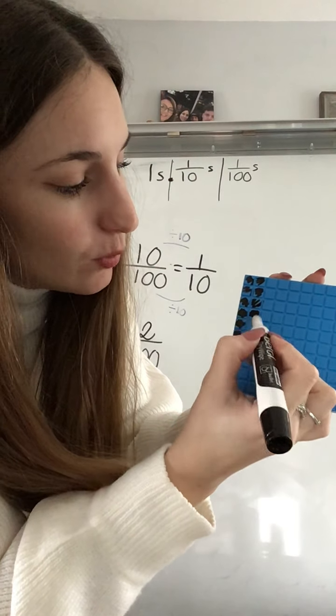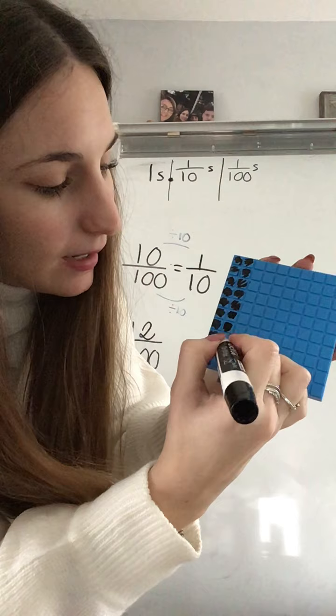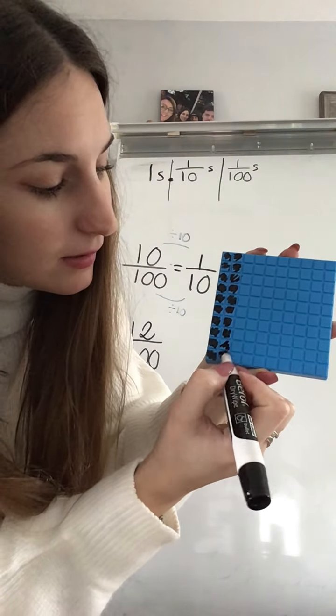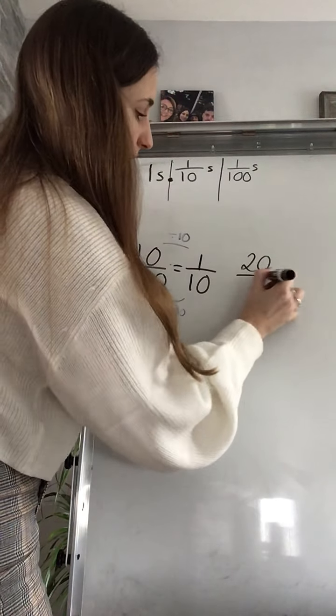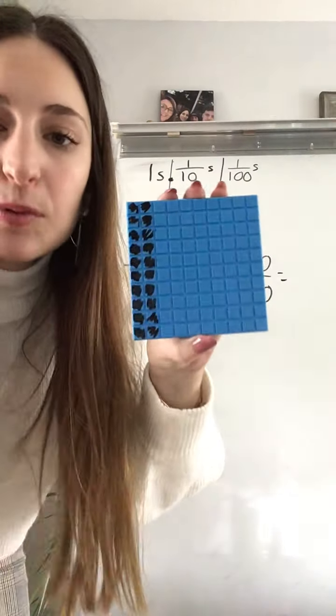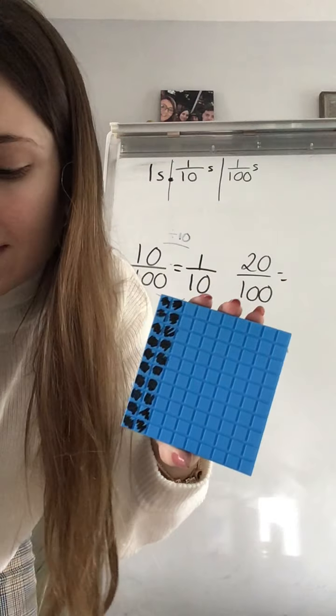13 hundredths, 14 hundredths, 15 hundredths, 16 hundredths, 17 hundredths, 18 hundredths, 19 hundredths. Okay. 20 hundredths. I have 20 hundredths there. What's happening with that?